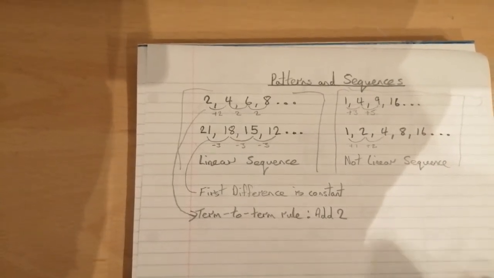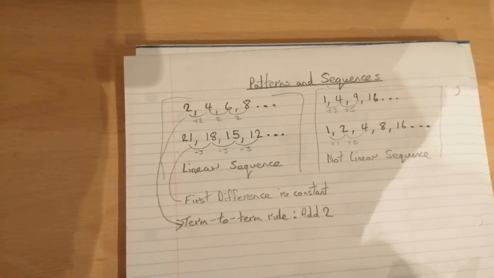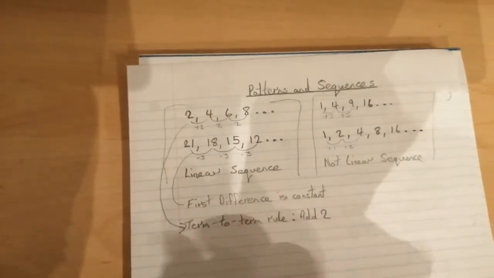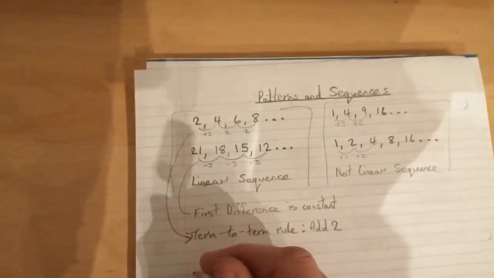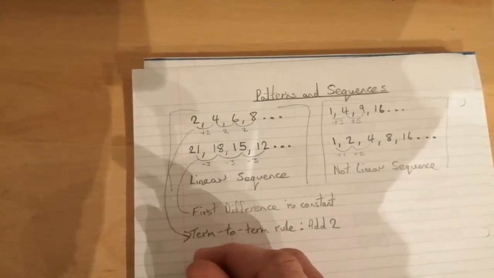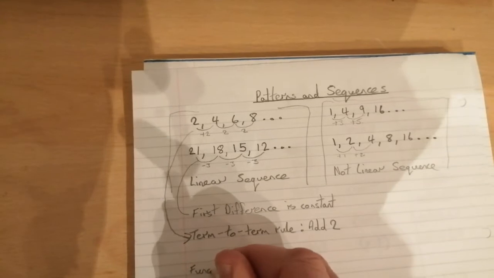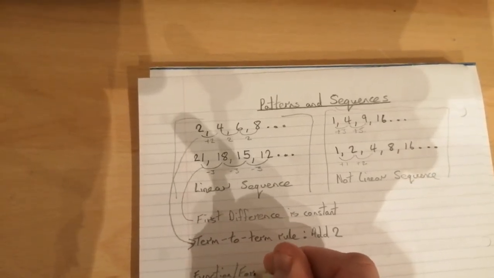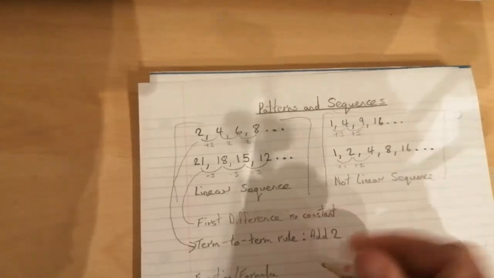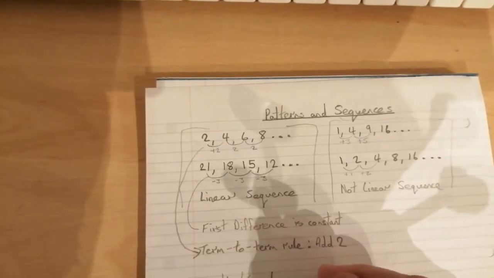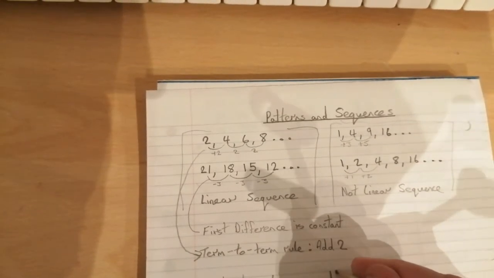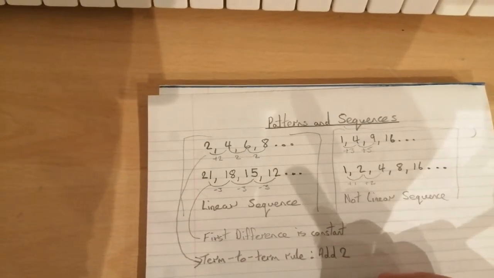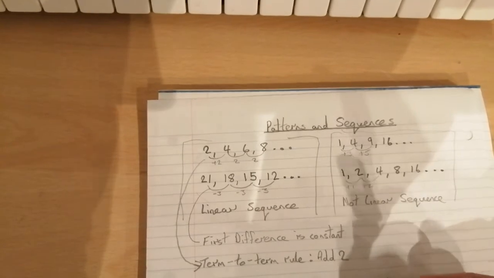Rather than calling it a function or a formula, we have 3 different ways of describing the formula here. Just write function / formula. We call it either the first way is the nth term.